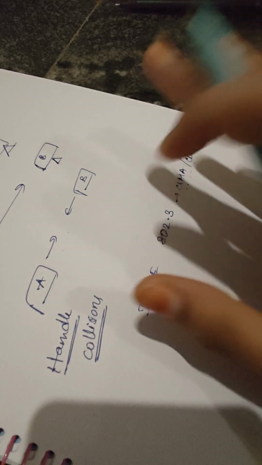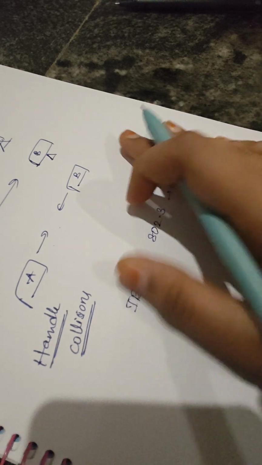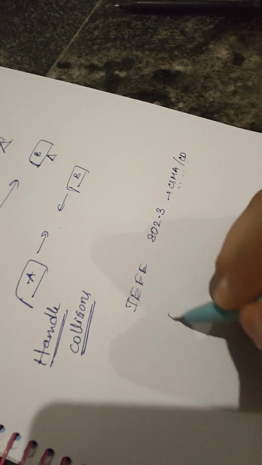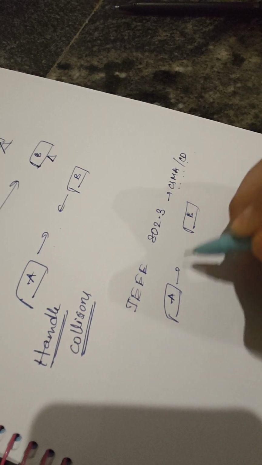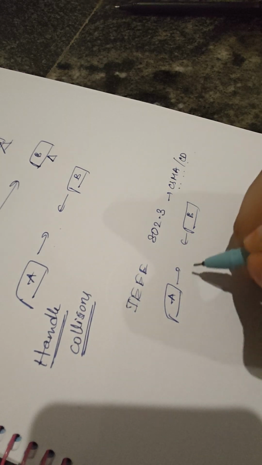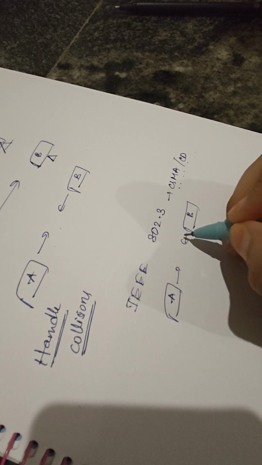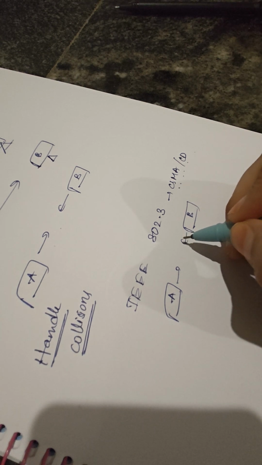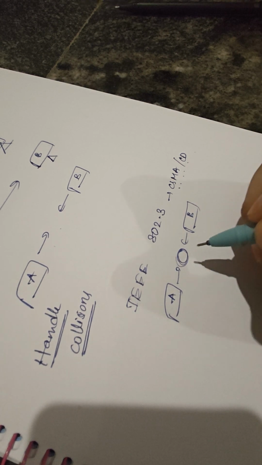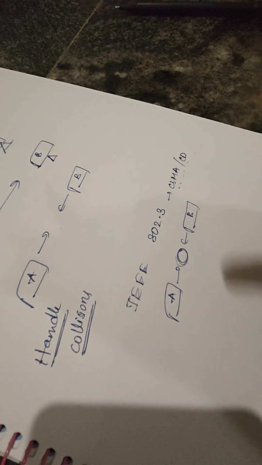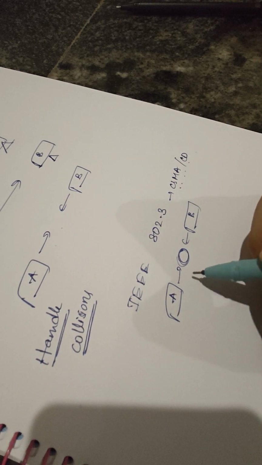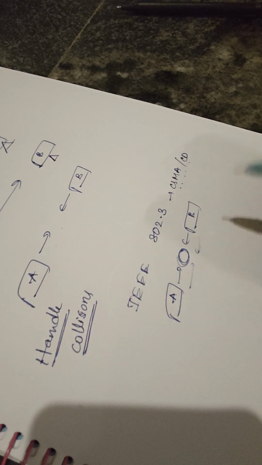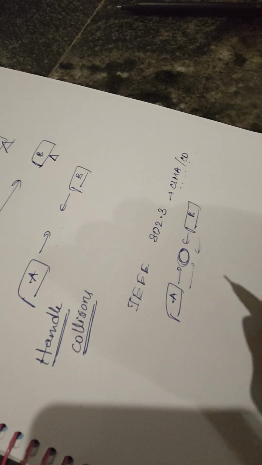Let's say this is device A and this is device B. Both are trying to transmit data. Here the collision happens somewhere and the devices will go silent for a certain period of time. After some time both will again try to retransmit, and go silent again for some time.